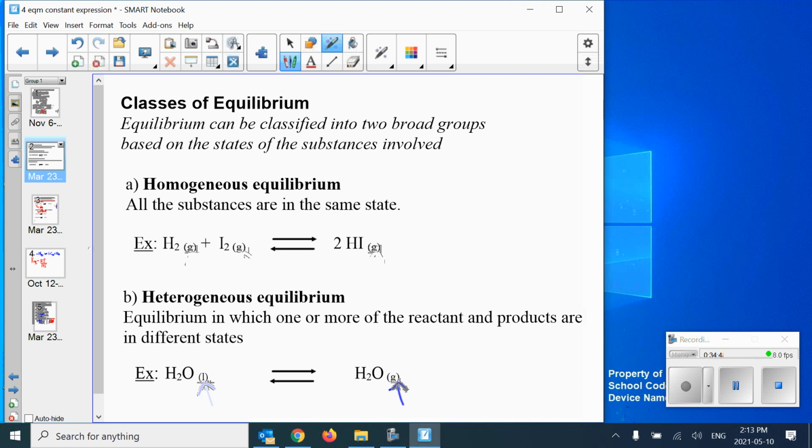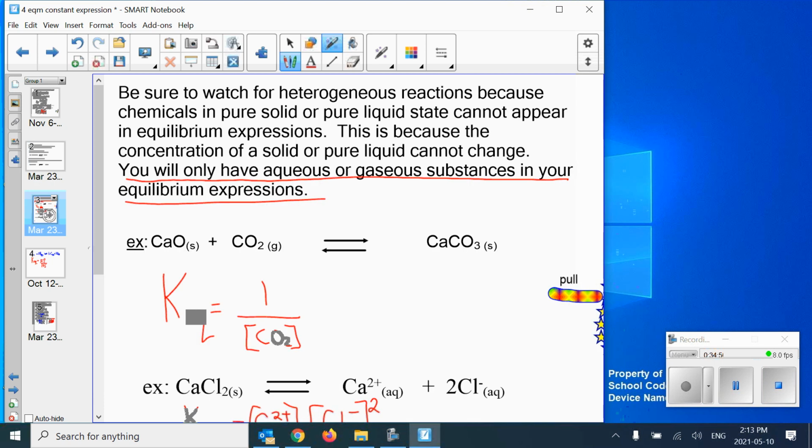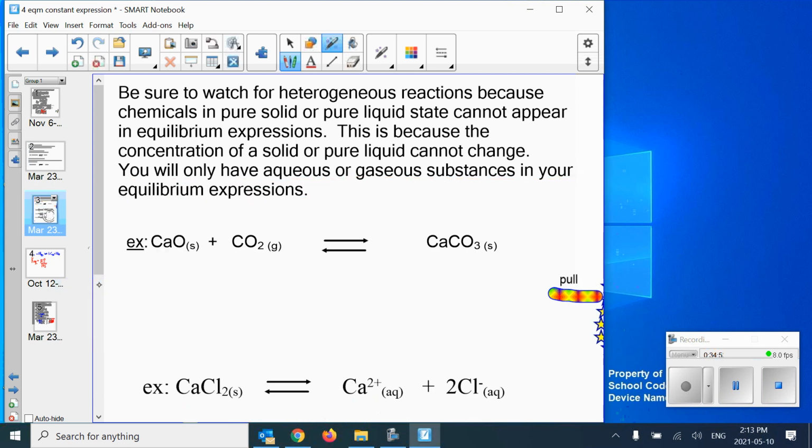Why is that important? Be sure to watch for heterogeneous reactions, because pure solids and pure liquids cannot appear in the equilibrium expression. Why is that? It's because they can't change in concentration. Just think of it this way.